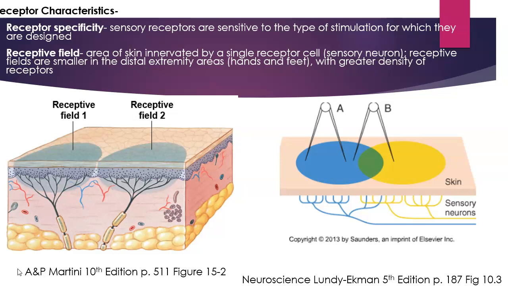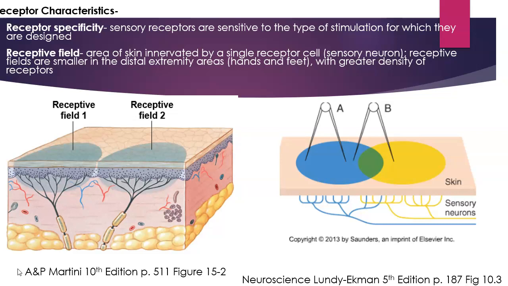But when you look at B, now B has 2 dots, right? And it happens to be placed over 2 different receptor fields. That means 2 different receptor cells are reading each point, so your brain would recognize B as 2 different points. It would be able to discriminate the fact that those are 2 distinct points of contact with your skin.